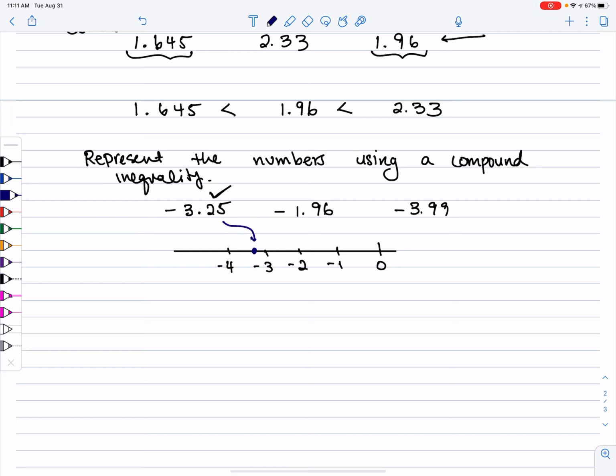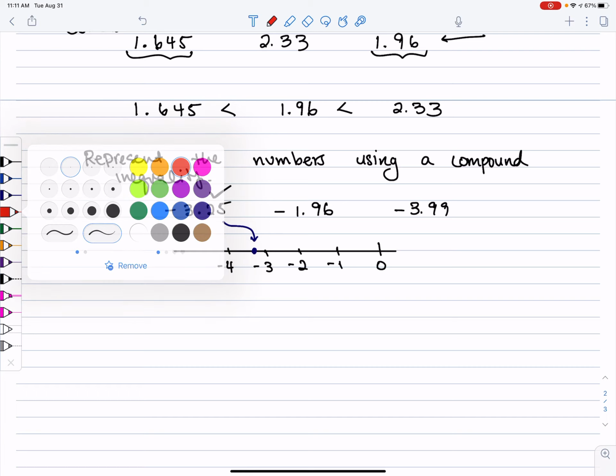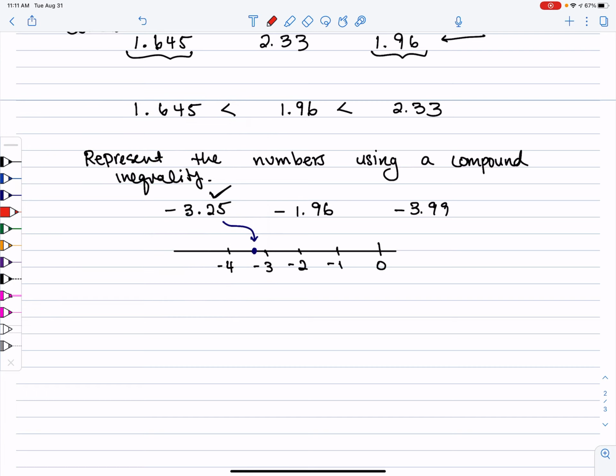This number is represented by this blue dot. Negative 1.96 will be between negative 1 and negative 2, but fairly close to negative 2. We're going to put it right around here. Not at 2, but fairly close to 2. And negative 3.99 is going to be fairly close to negative 4.